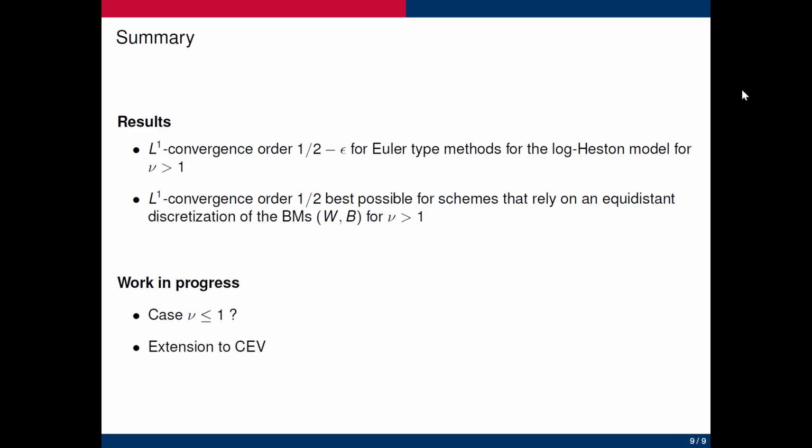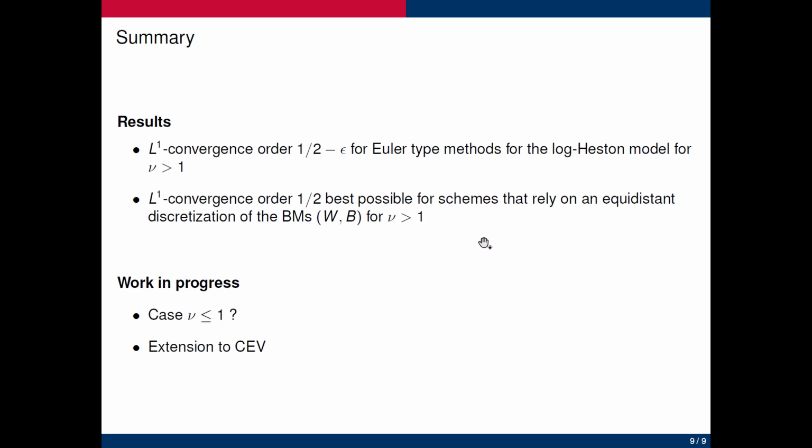Now let me summarize what we have shown. We proved an L1 convergence order of 1/2 minus epsilon for Euler-type methods for the log-Heston model and for the CIR process for nu larger than 1. Furthermore, we have shown that the L1 convergence order 1/2 is the best possible rate for schemes that rely on an equidistant discretization of the Brownian motions W and B for nu bigger than 1.